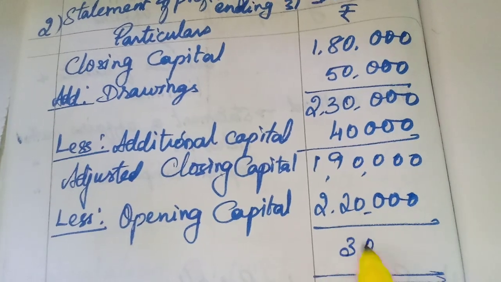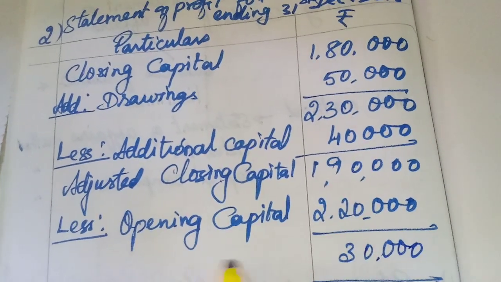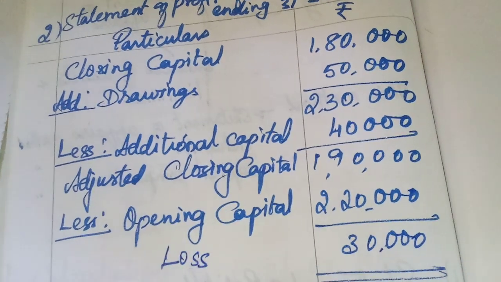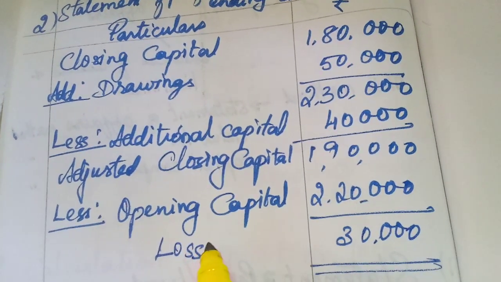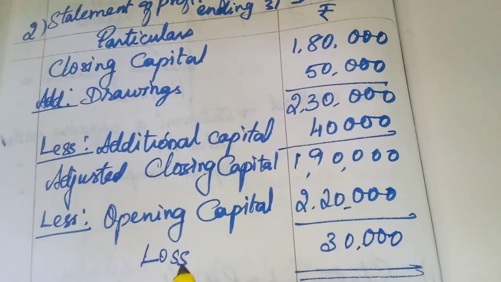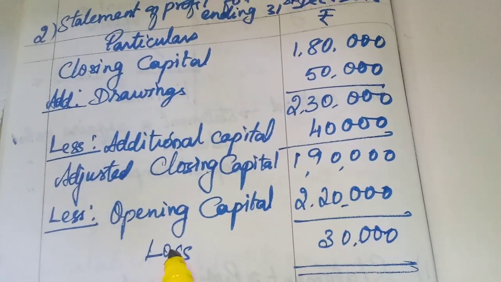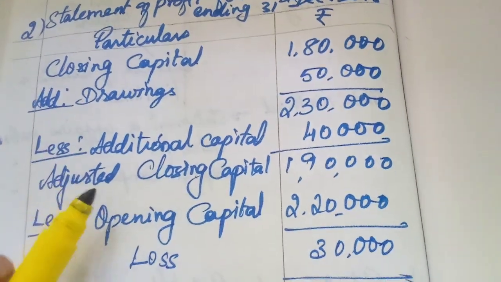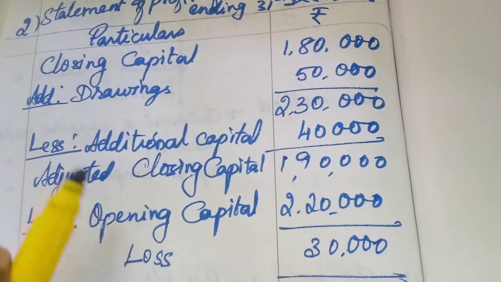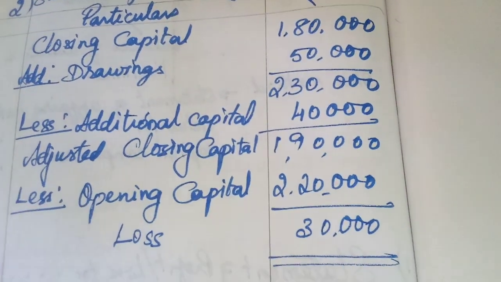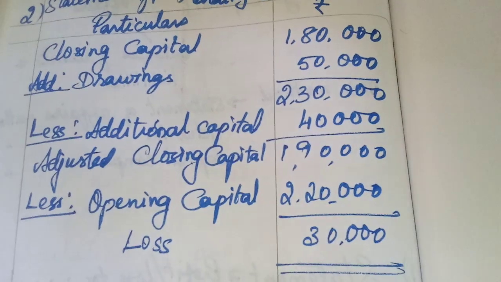Isn't it? Here 1. So we get 30,000. That is the loss. Now we have understood. We have seen one problem asking for the loss. Here they may ask for any item again, drawings or closing capital or adjusted closing capital or opening capital. That we will see in the next illustration and exercise.